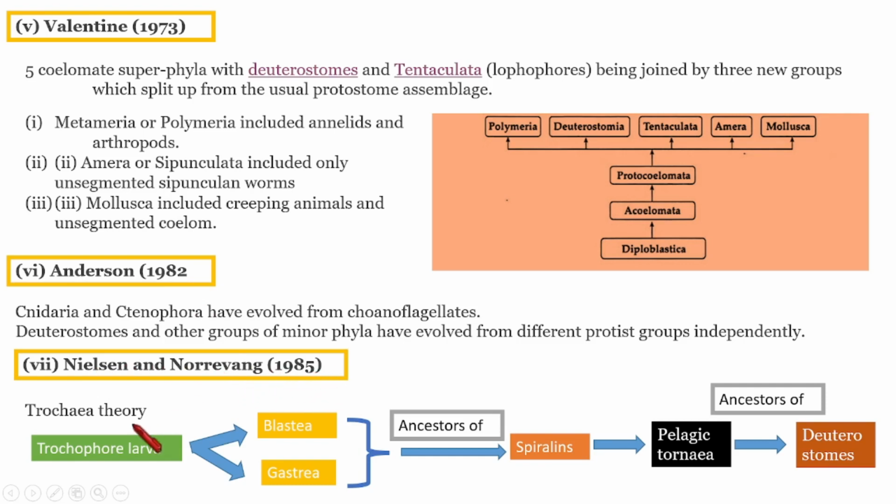They proposed the Trochaea theory. They proposed that a trochophore larva is there, and from them the Blastaea and Gastraea develop, and they both become the ancestors of spiralians. From the spiralians later develops the pelagic Tornaria, and this pelagic Tornaria stays as the ancestor of Deuterostomes. That's about the origin of Metazoa.